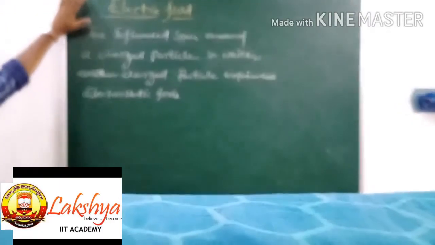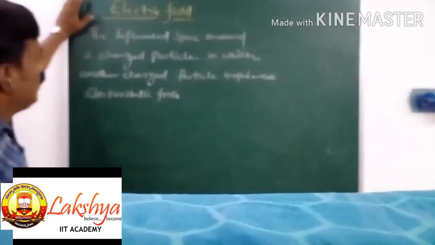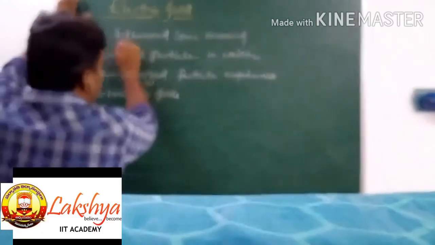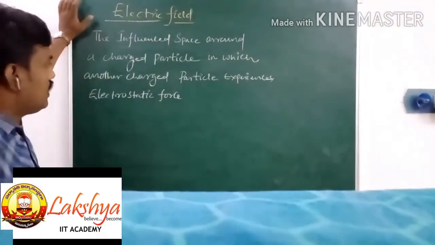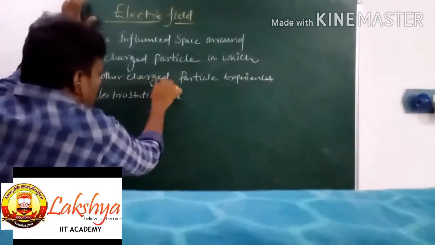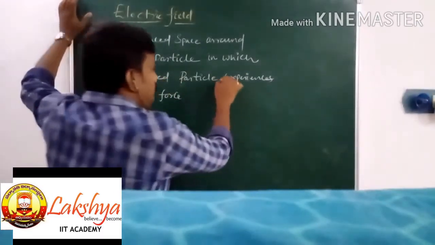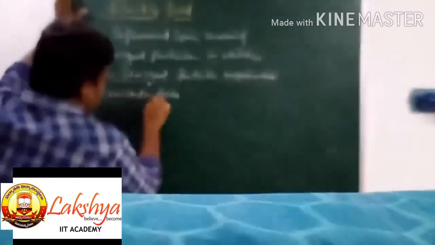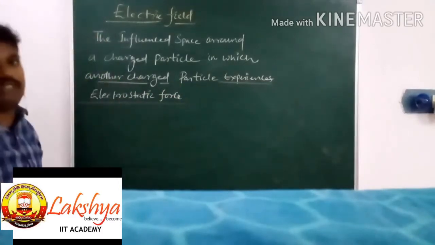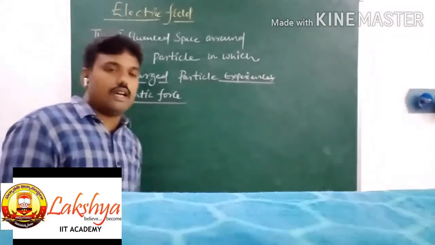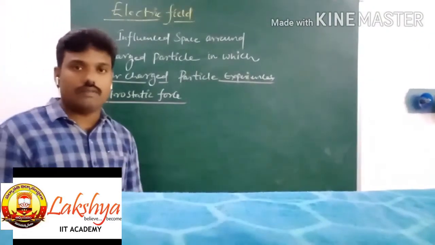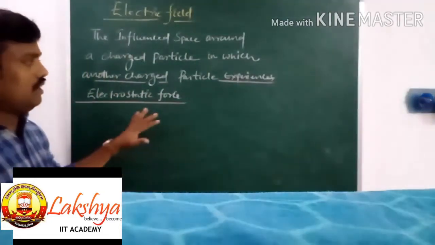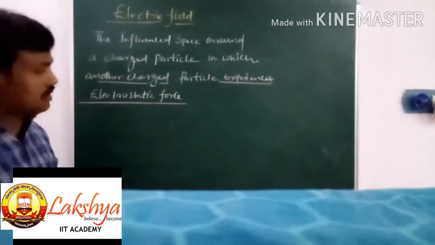It is the influenced space around a charged particle in which another charged particle experiences electrostatic force. Why? Because when you place another charged particle near a charged particle, there must be Coulomb electrostatic force.